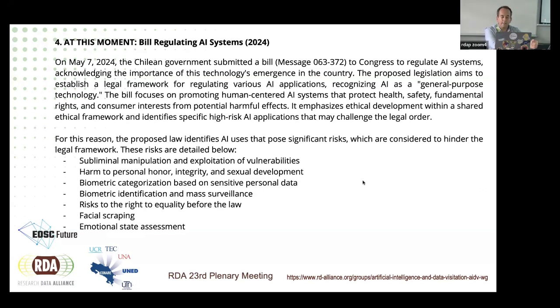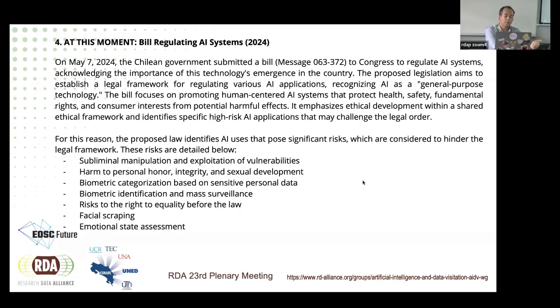The proposed legislation aims to establish a legal framework for regulating various AI applications, recognizing AI as a general-purpose technology, and the bill focuses on promoting human-centered AI systems that protect health, safety, fundamental rights, and consumer interest from potential harmful effects. It emphasizes ethical development within a shared ethical framework and identifies specific high-risk AI applications that may challenge the legal order. For this reason, the proposed law identifies AI uses that pose significant risk, which are considered to hinder the legal framework. These risks are detailed below.